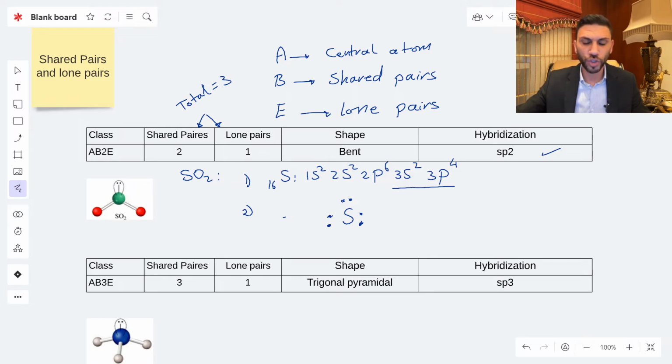Now we have oxygens as terminal atoms, not the central atom, and each oxygen has 6 valence electrons. We know it because oxygen has 8 electrons, and the electron configuration is 1s2, 2s2, 2p4.